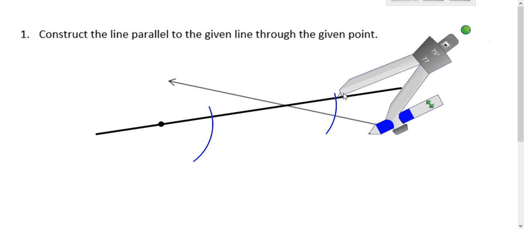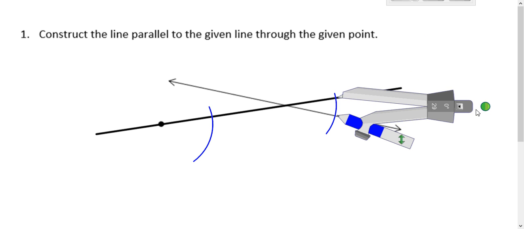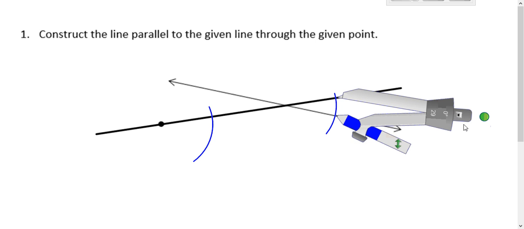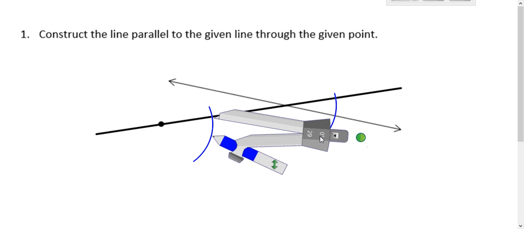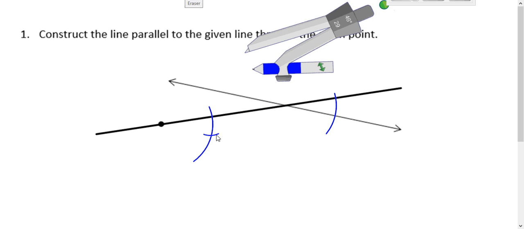Then use your compass to measure the opening of that arc that you just drew. Then bring it down to the other arc and mark off that exact same distance. And then draw the line that goes through the point and that little X that you just created.